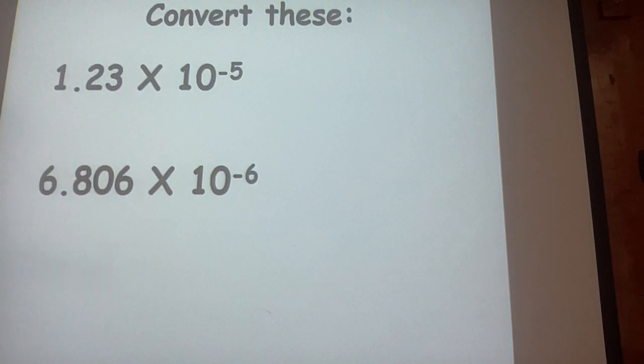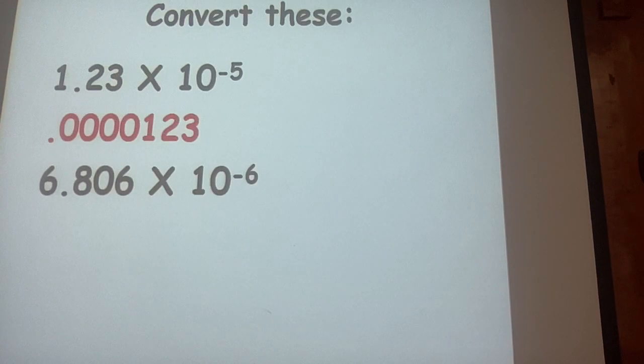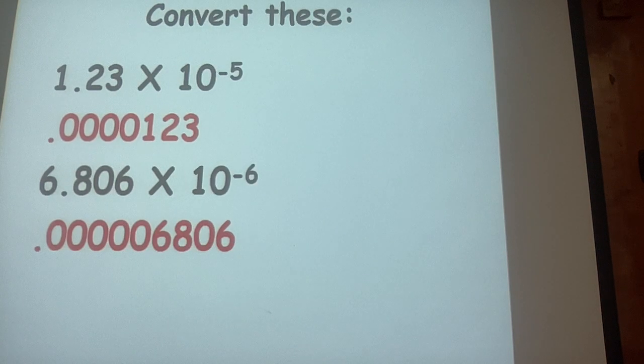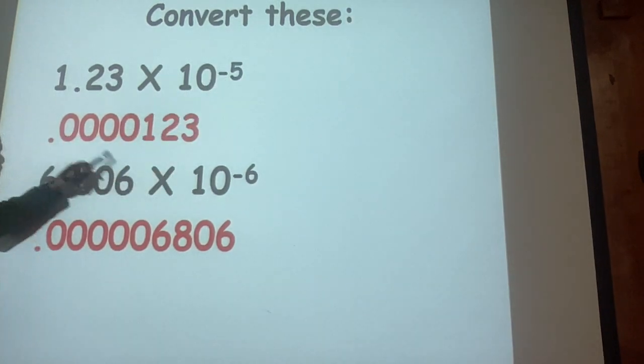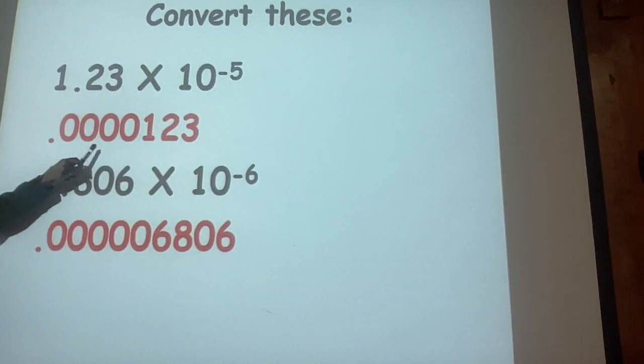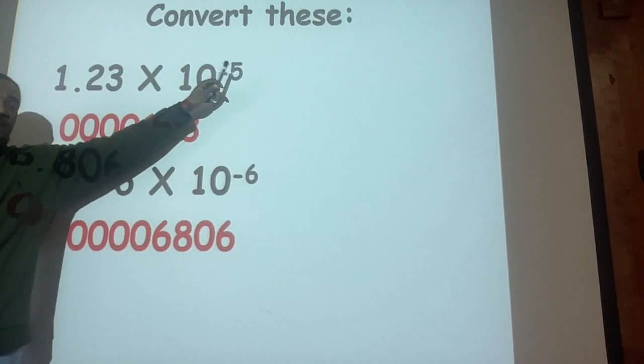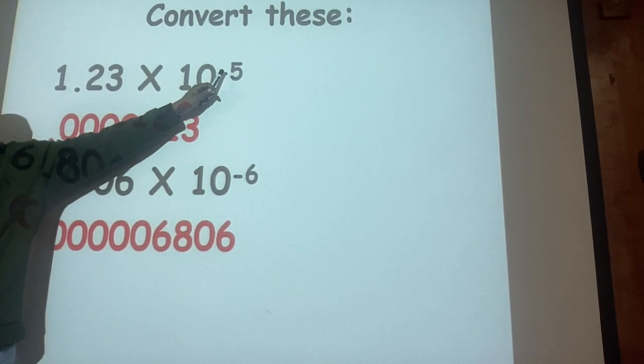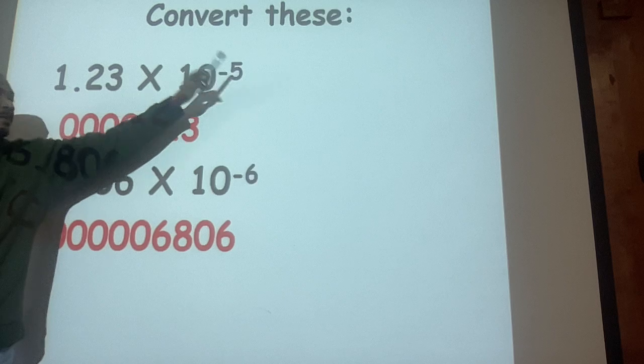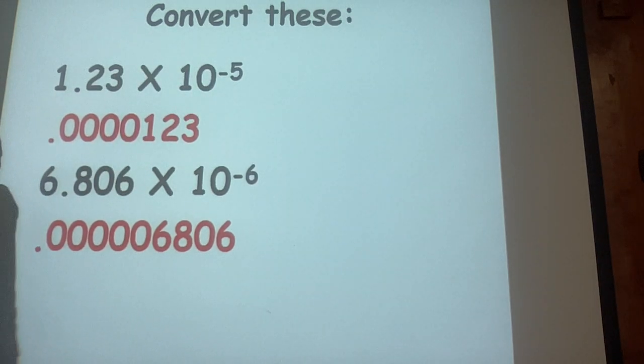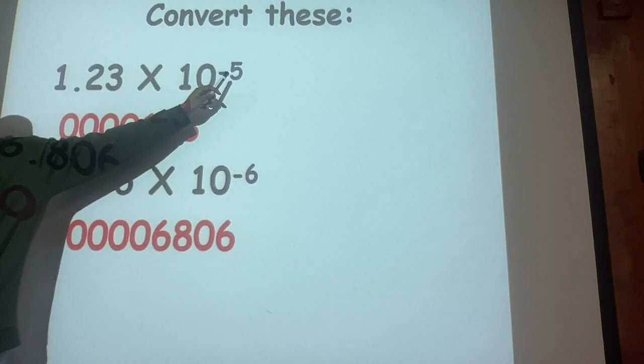Got that? Same difference here, right? See, 4 zeros, right? Whatever the exponent is, 5, we need 4 zeros. We need 1 less than that. Well, you know, this is negative 5, but you know what I'm saying. The absolute value of the exponent, right?